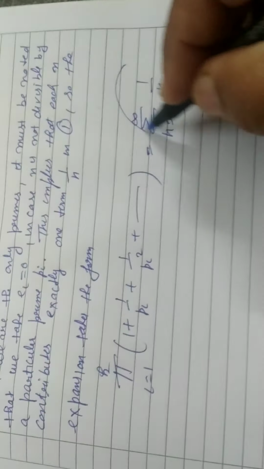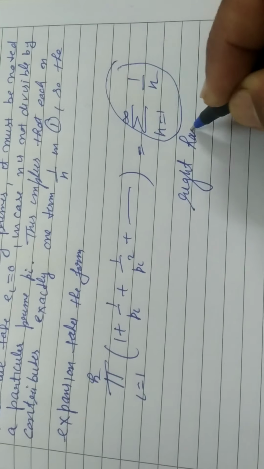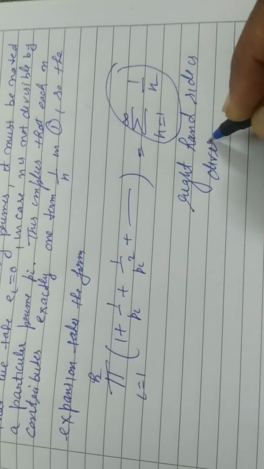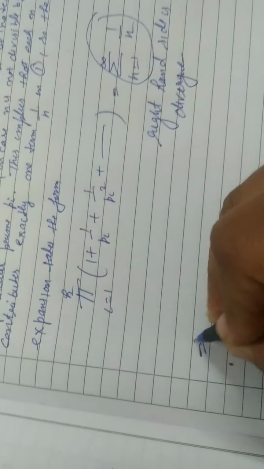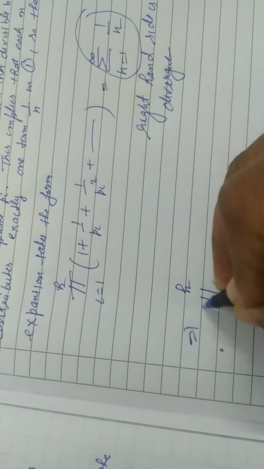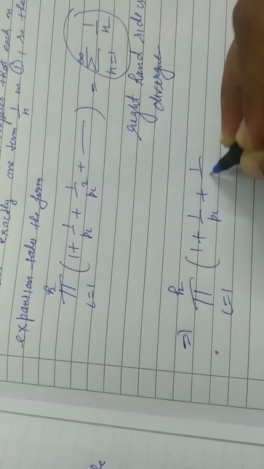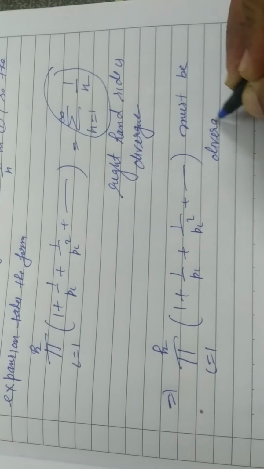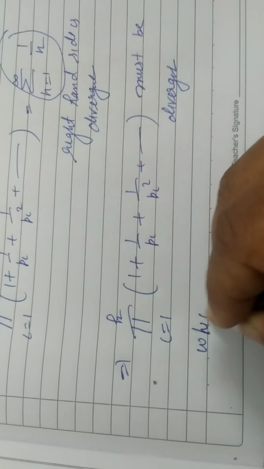But this right hand side is divergent. This implies that the left hand side must be divergent, which is a contradiction.